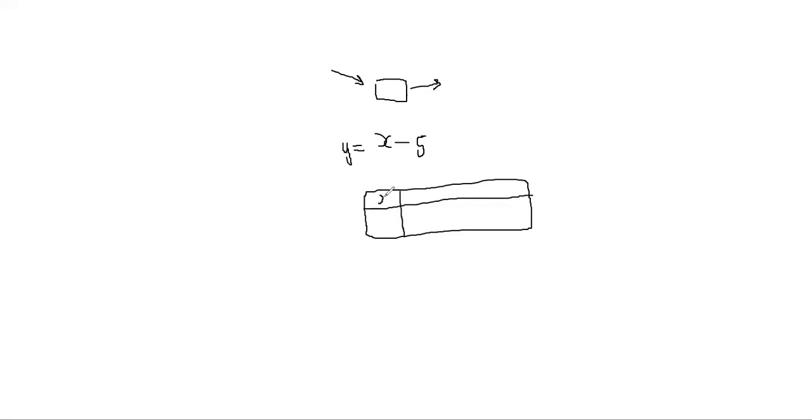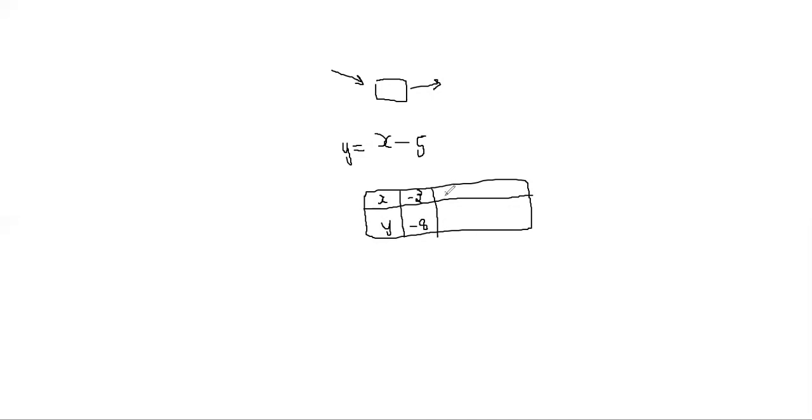Sometimes they use tables, they write x and y, and then they give you a rule, of course. Then they tell you this is -2, maybe this is -3, this is -8. Or sometimes they give you this table and they want you to find the rule from this table.